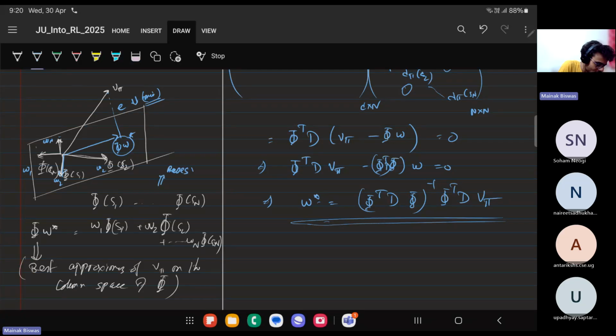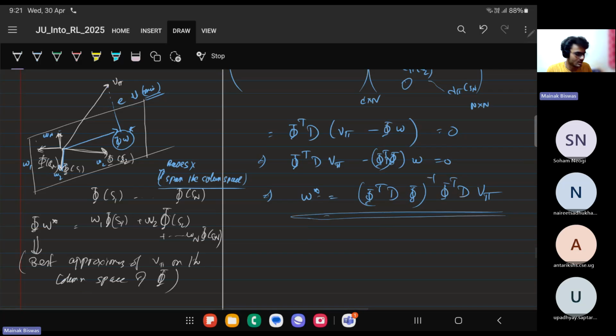They span the column space. I was just being a bit sloppy, but they'll still have a minimal set, which would be a basis set, right? Yeah, got it. It doesn't really matter because even if they are dependent, W will learn it accordingly.